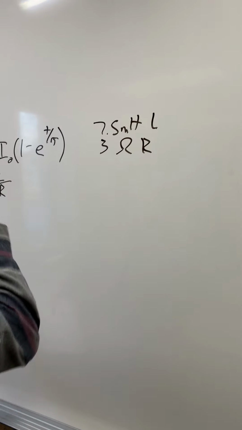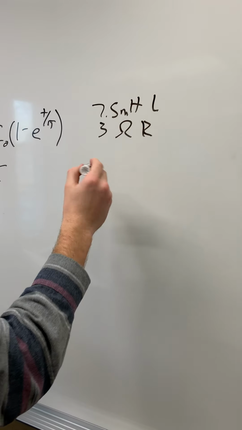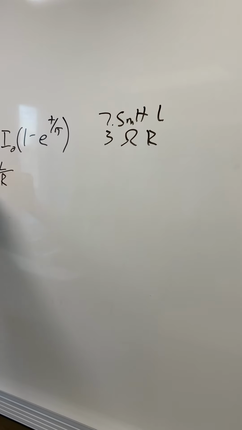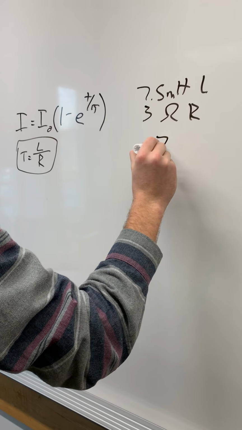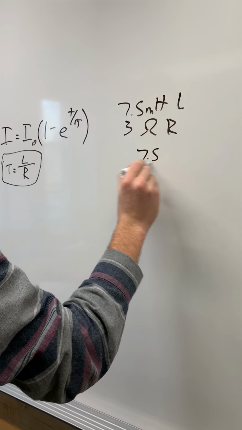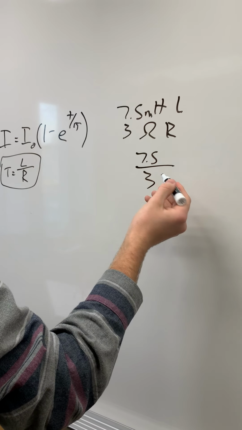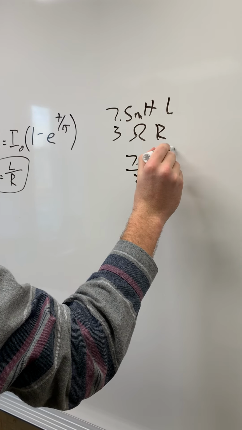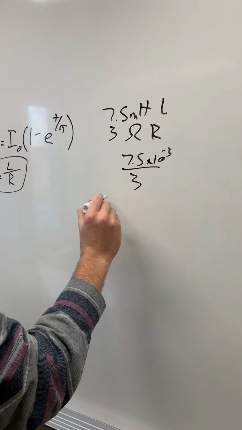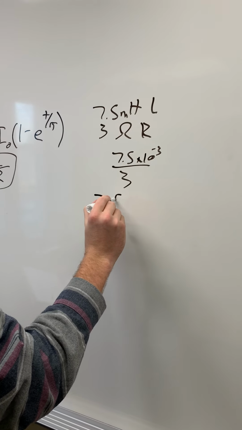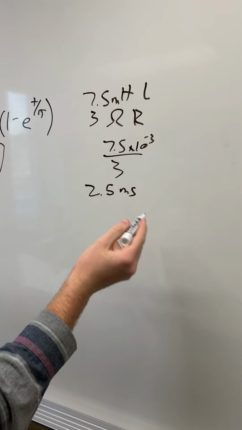To do that, the first thing we need to do, very simply, is use this equation here. We take our 7.5 divided by 3, times 10 to the negative third, which will give us our tau value, equal to 2.5 milliseconds.